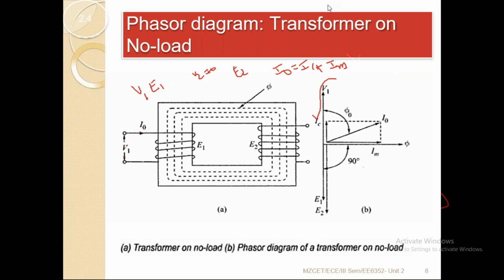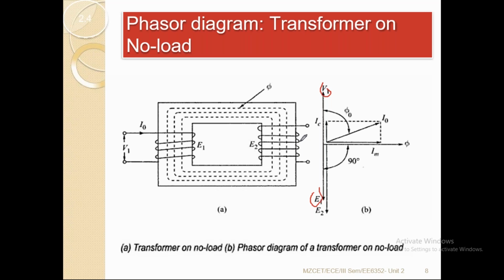Now if you observe, the supply voltage and the induced EMF are both in the same phase, meaning both on the same axis. This is obtained when there is no load connected on the transformer. If there is no load, the power should not be wasted.